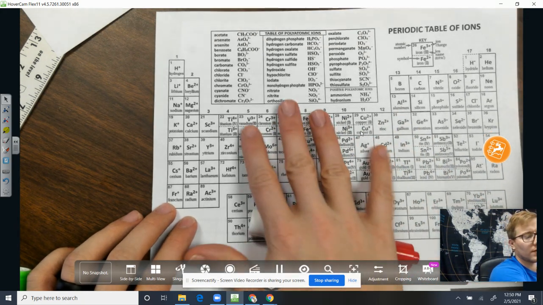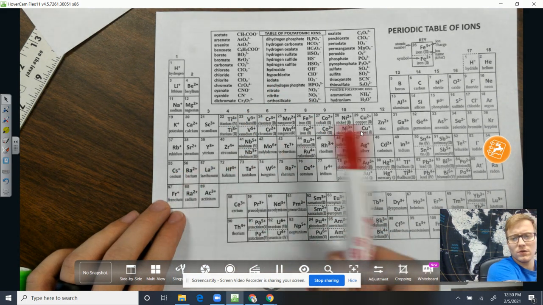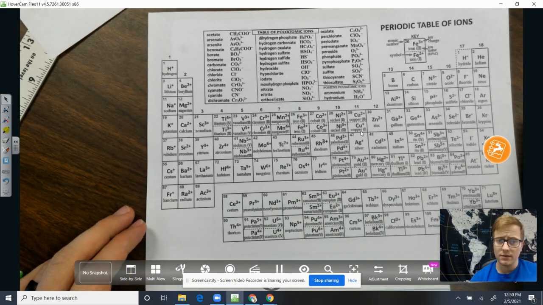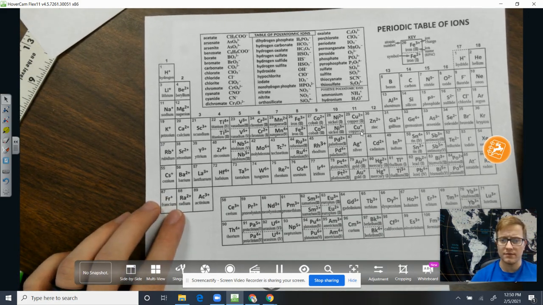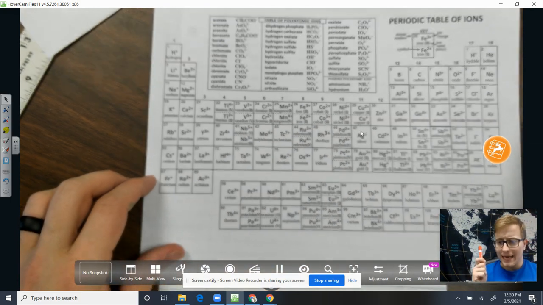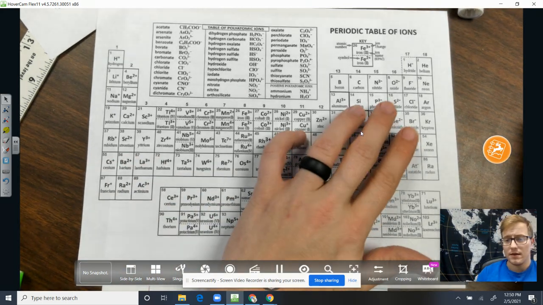We're going to skip all of these transition metals right now. So we're dealing with 1, 2, 3. These are going to be our cations, so they're positive. One atom is always a positive, and one atom is always a negative.